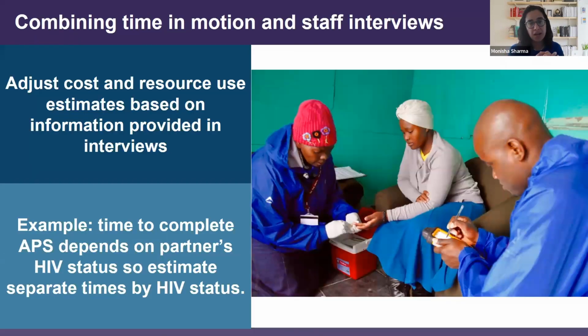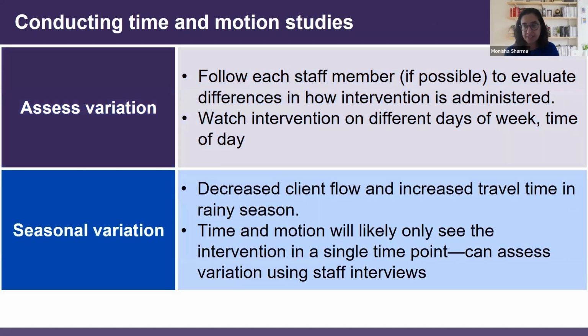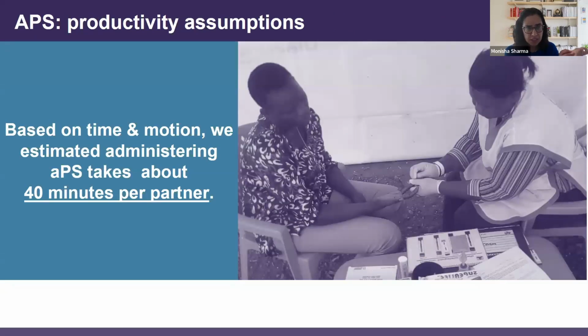We also did some societal costing. Here we wanted to understand the time it takes, and so first adjusting the costs from the interviews and the cost that we observed, and as we mentioned, assessing variation and seasonal variation. Based on the time and motion, we estimated that administering APS takes about 40 minutes per partner reached.